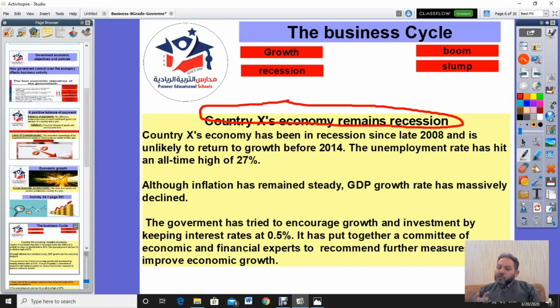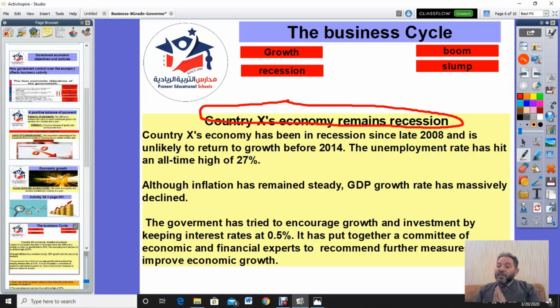The unemployment rate has hit an all-time high of 27%. Although inflation has remained steady, GDP growth rate has massively declined. The government has tried to encourage growth and investment by keeping interest rates at 0.5%.